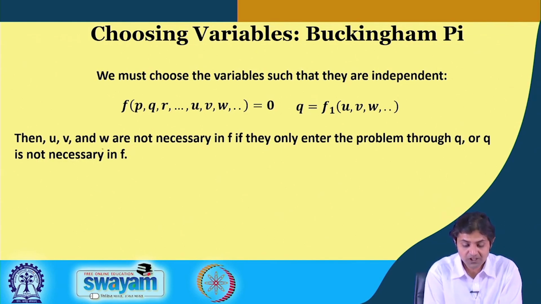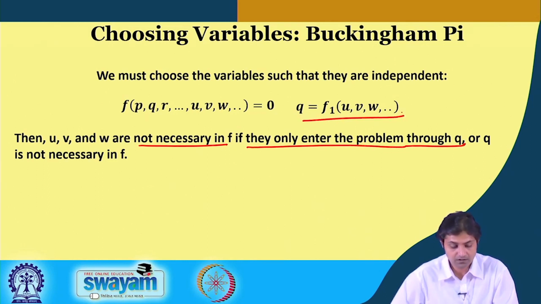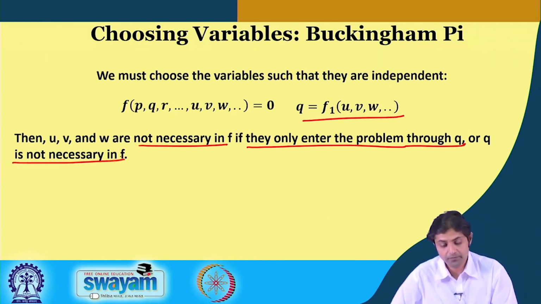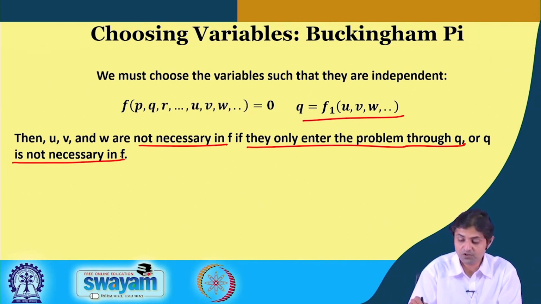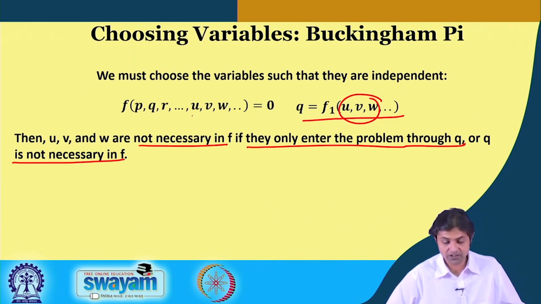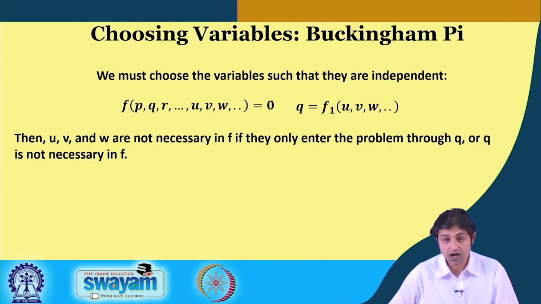Then U, V and W are not necessarily in F if they only enter the problem through Q, or Q is not necessary in F. So, we must not put it in both places, both in F and Q. That is one of the other ways of saying that it should be independent.